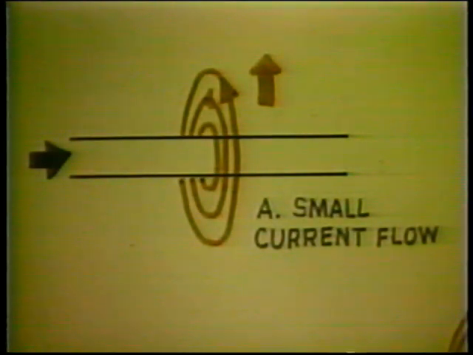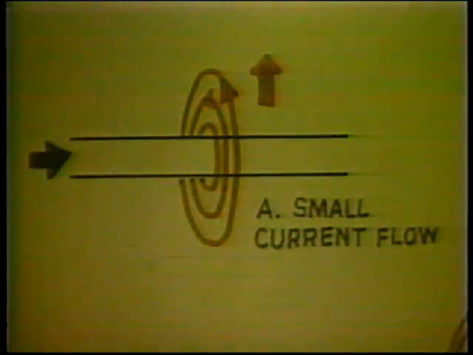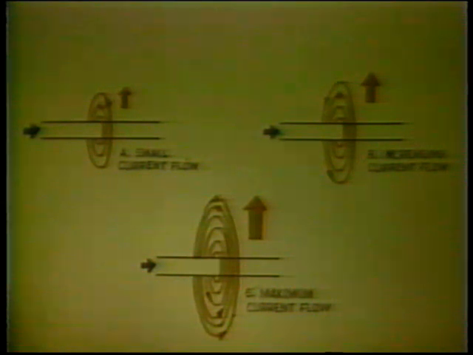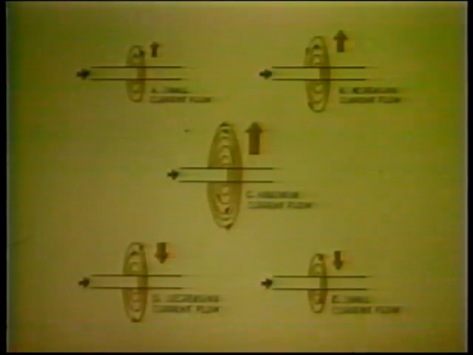In Figure A, a small current flows through a conductor and produces a magnetic field around it. As the current flow increases, as shown in B and C, the magnetic field becomes stronger and expands outward from the inductor. When the current flow decreases, the magnetic field contracts toward the conductor.